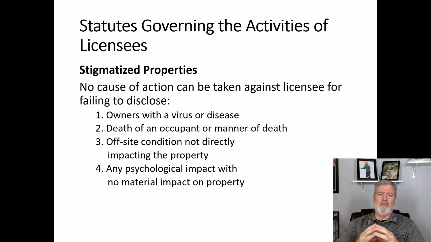But a stigma is not something that affects the property. The fact that somebody died in a house does not mean anything is wrong with the house, right? So there's a big difference between why you'd have to disclose material facts or defects concerning the property versus what we might consider a stigma.